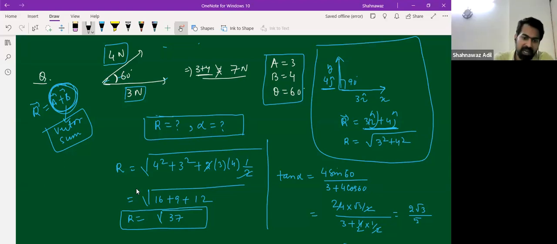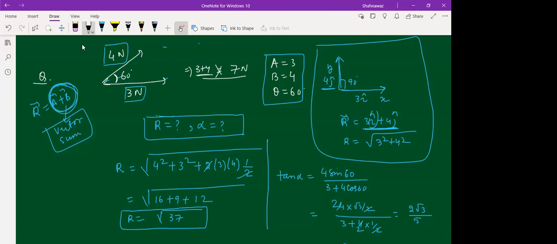You see that at one time we can only calculate the resultant of two vectors. From the parallelogram law, we can only calculate the resultant of two vectors. Understood? This is one thing about the parallelogram law.